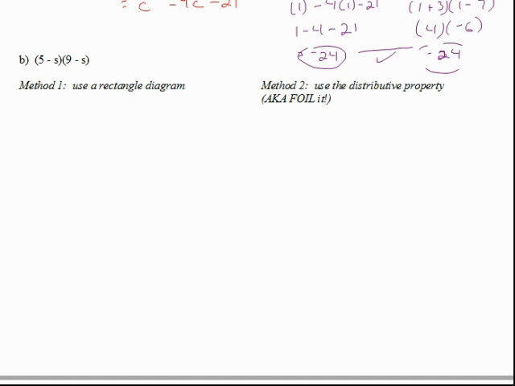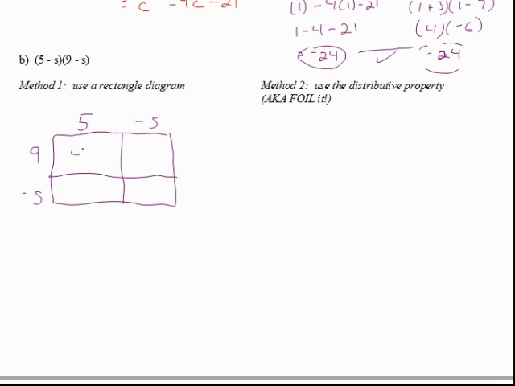Okay, but let's do the rectangle diagram again. So I need to draw a rectangle. And it doesn't matter where I split it because this is just a representation, right? So this is 5, and this is negative s, and this is 9 and negative s.